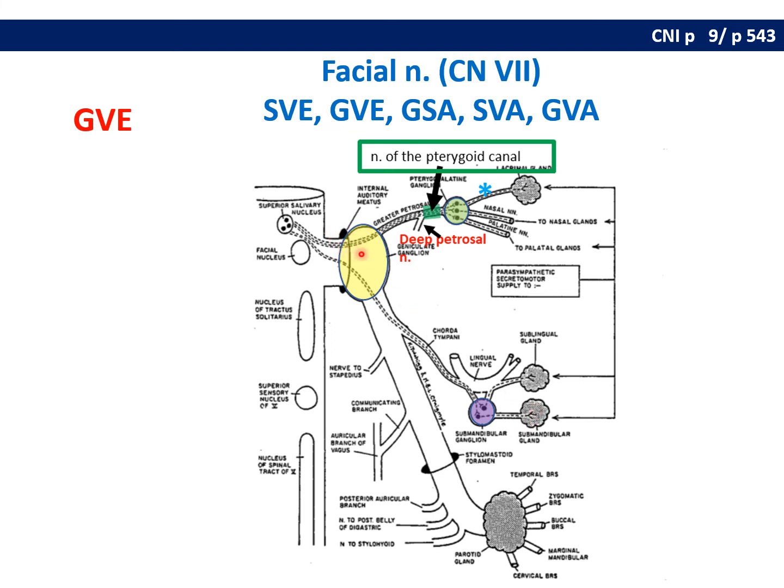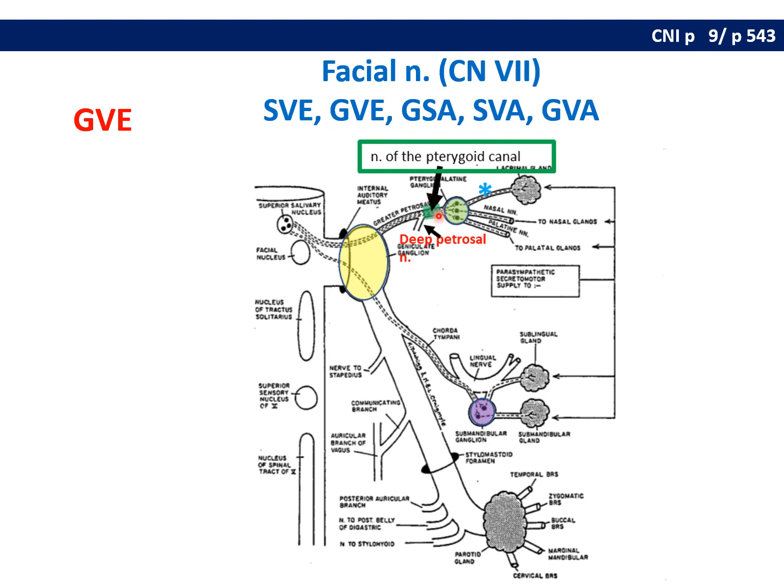Alternatively, from the geniculate ganglia here, you have preganglionic parasympathetic fibers that ride in this greater petrosal nerve from the geniculate ganglia. And then this nerve changes names once the deep petrosal nerve joins it to the nerve of the pterygoid canal. I've colored that in dark green.